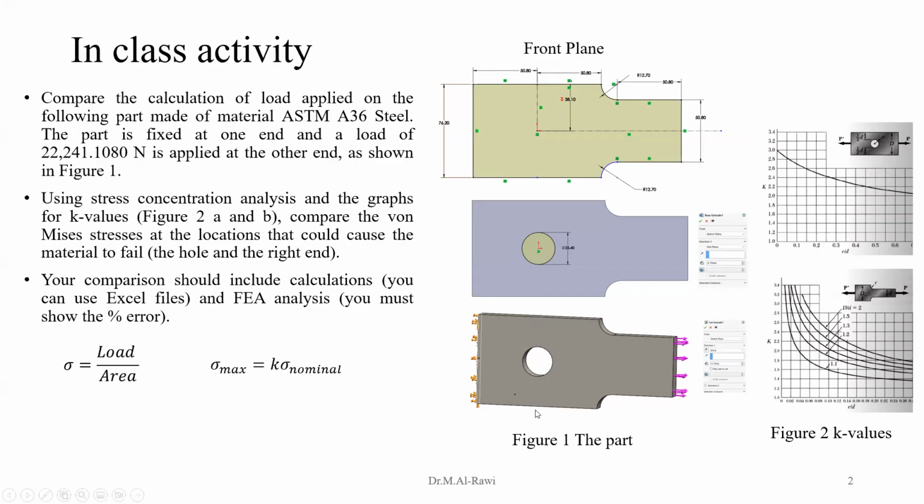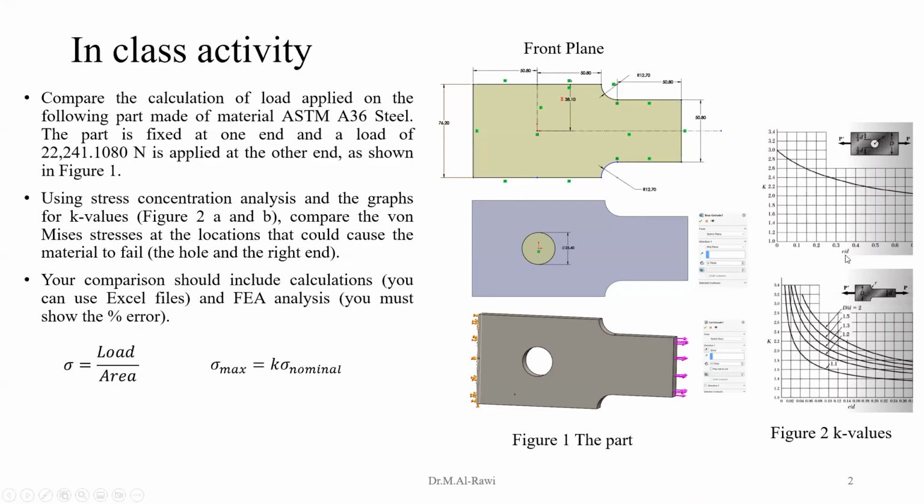You can see that in the simulations, but based on the problem we also need to study where the fillet is, where the narrowing of that section is. So usually we use two of these from the chart, figure 2, the K values, one for the hole. We need to be very careful when we read the dimensions: the big D is not a diameter, and R is the radius of that circle.